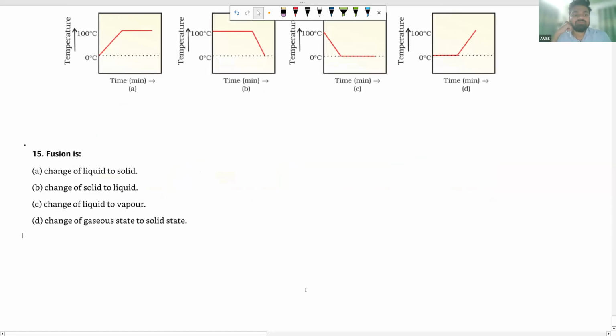Tell me this question. Fusion is the conversion of solid to liquid. Solid to liquid. Very good.